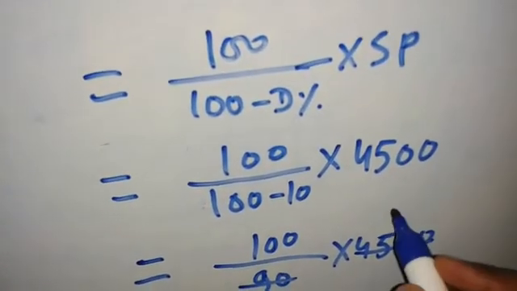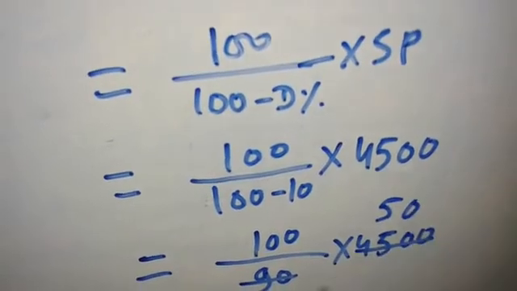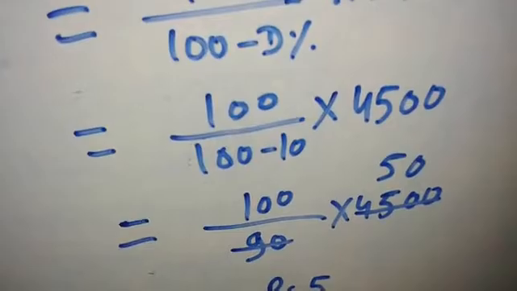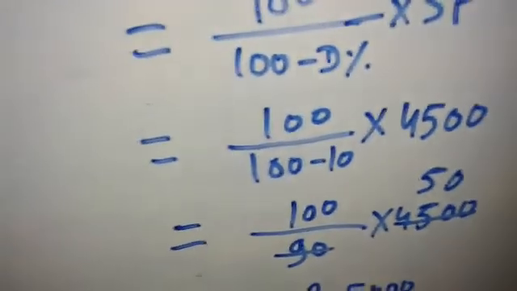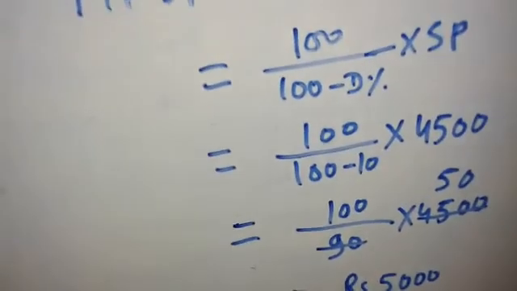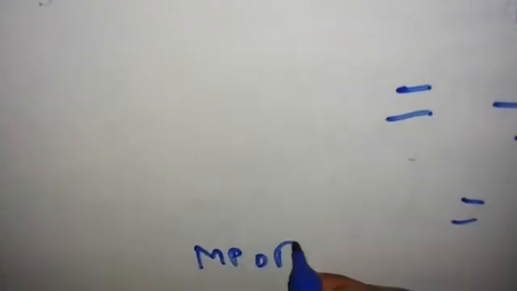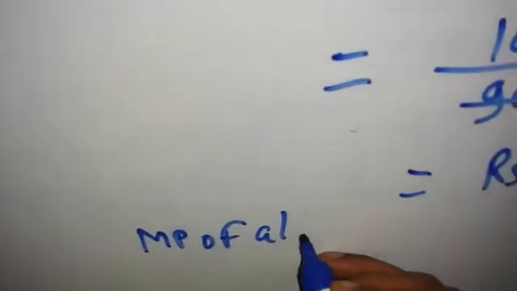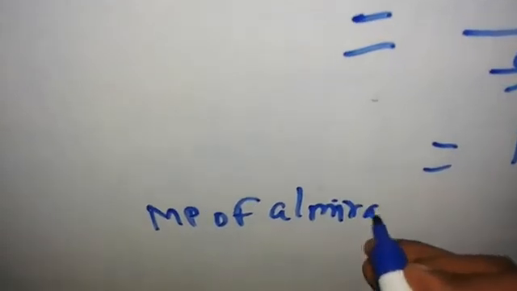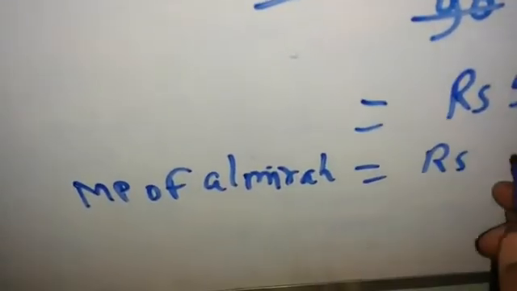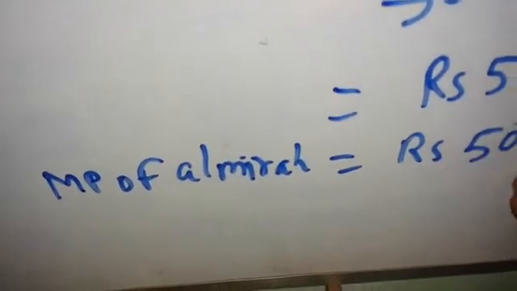That means 50 times, so MP equals 5,000. Understood? Therefore, the MP of the almirah equals rupees 5,000.